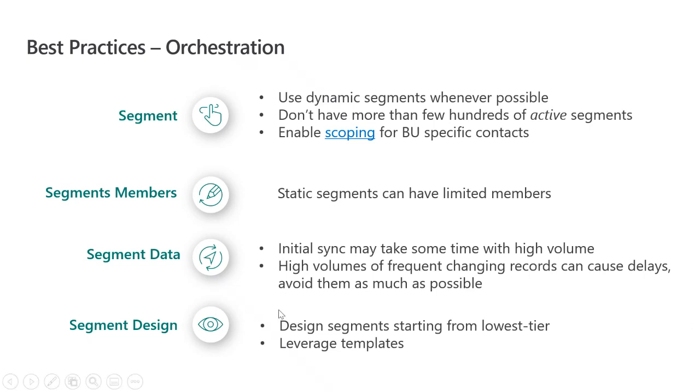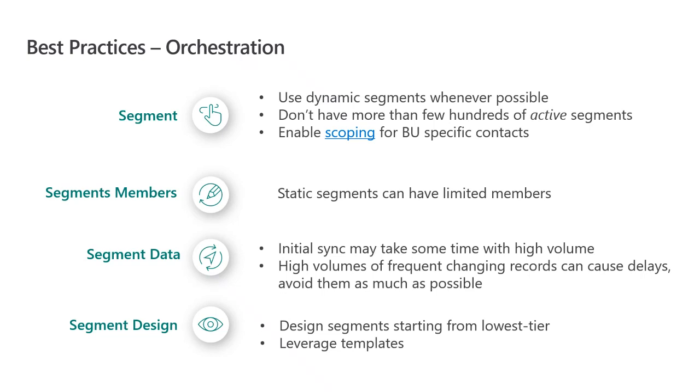The last recommendation is for the segmentation design. If you have already tried to design some segmentation, you will see that when you start with the contact entity, since it has lots of related entities, sometimes you can get lost. You can scroll down to select the correct related entity, and from time to time you may have multiple relations with the same entity, so everything can get messed up.